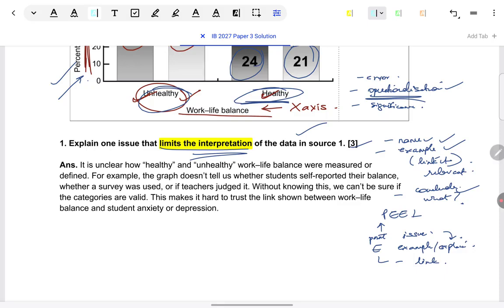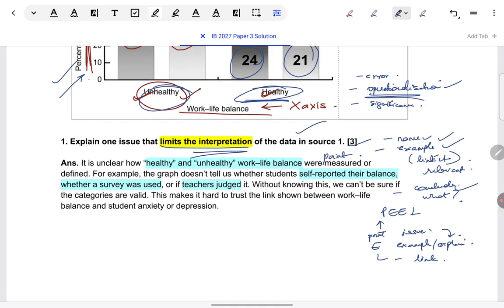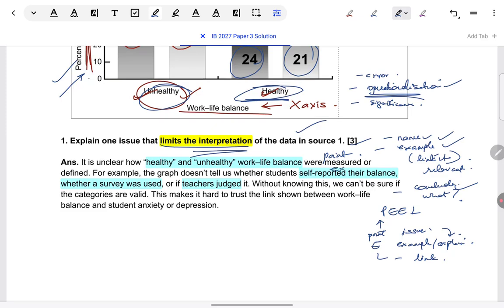It is unclear how healthy and unhealthy work life balance has been measured. That means an operationalization issue. So, this is the point. For example, the graph does not tell us whether the students self-reported their work life balance or whether a teacher judged it. This is a relevant example, meaning that we have contextualized it, as I said.